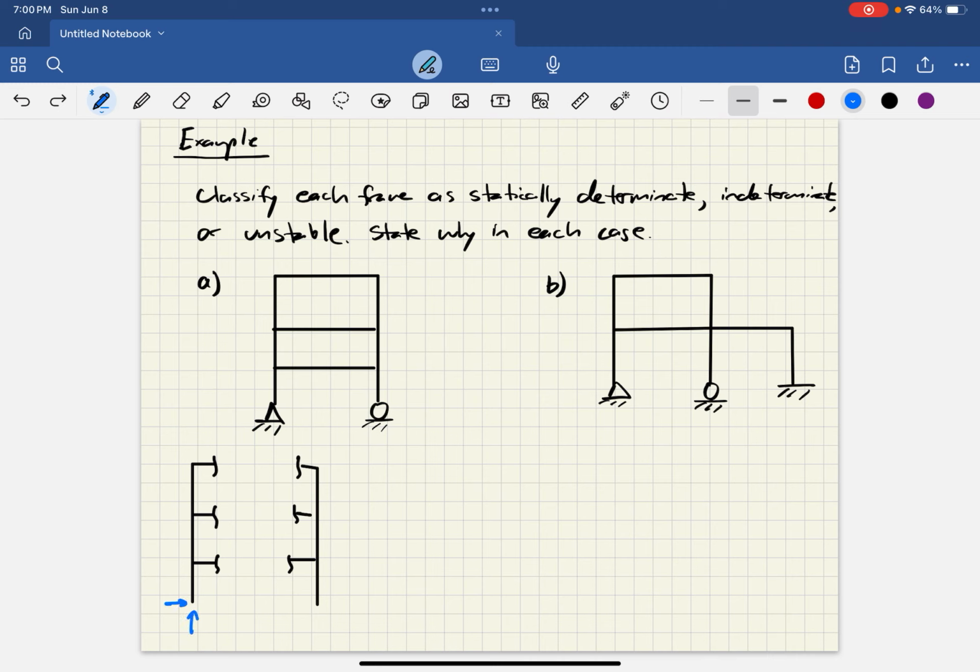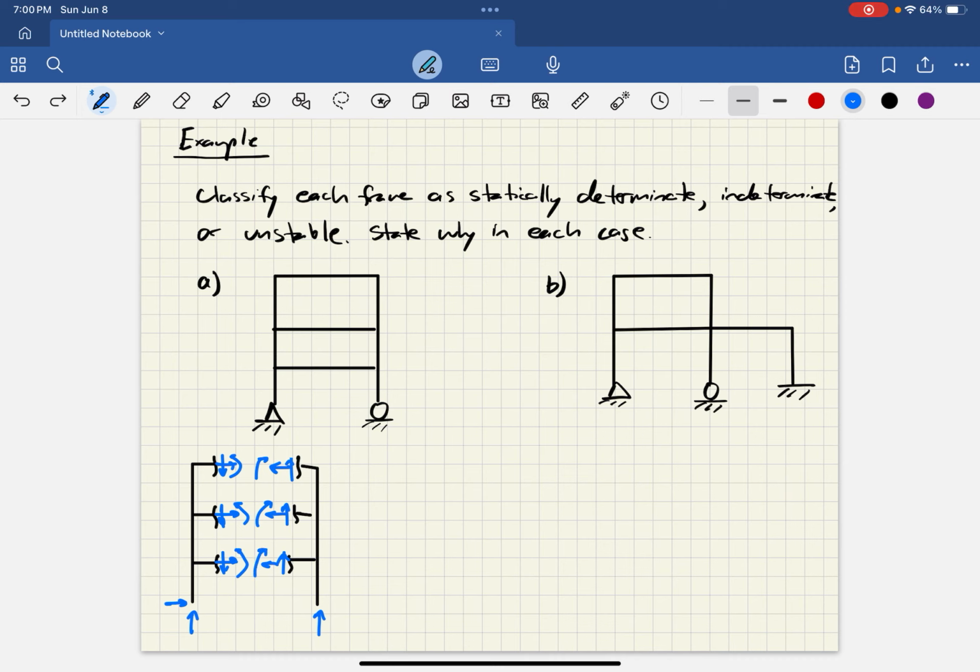So we have a pin connection here, vertical and horizontal, and a vertical reaction at this roller. And then similarly, like we saw in the previous page, we have horizontal and vertical forces that develop at each side of this cut, equal in magnitude, opposite in direction, okay?